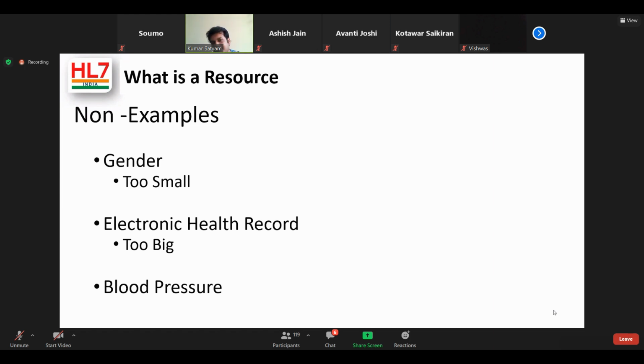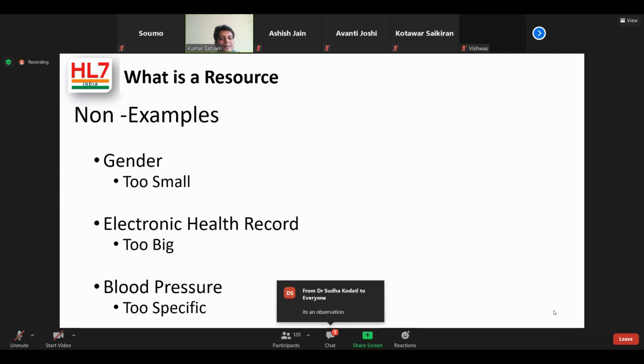Okay. So if gender is too small and electronic health record is too big, then what about blood pressure? Blood pressure in itself is very narrow, right? It's a very narrow definition, and that's why it does not qualify as a resource. It's too specific. And even if you capture vital signs, blood pressure, you have to provide a lot more information, right?